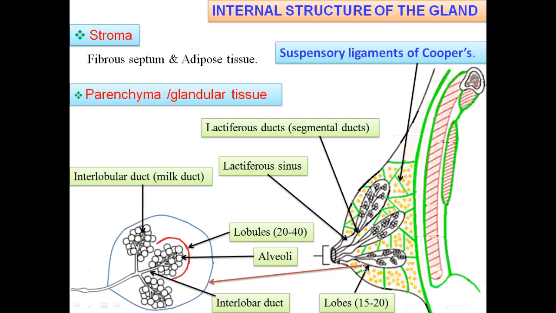You can see one lobule and another lobule, and each lobule contains grape-like clusters, tiny bulbs called alveoli or acini. These alveoli are capable of producing milk, and these alveoli form the interlobular duct or milk duct.